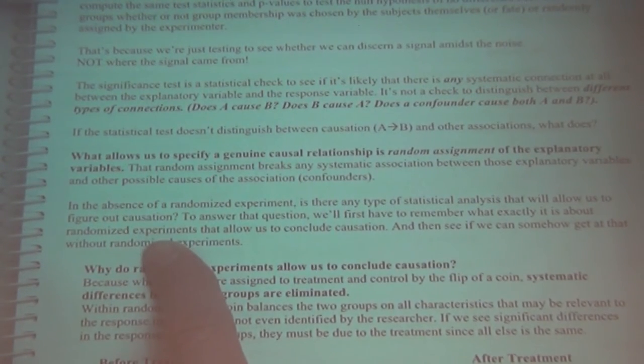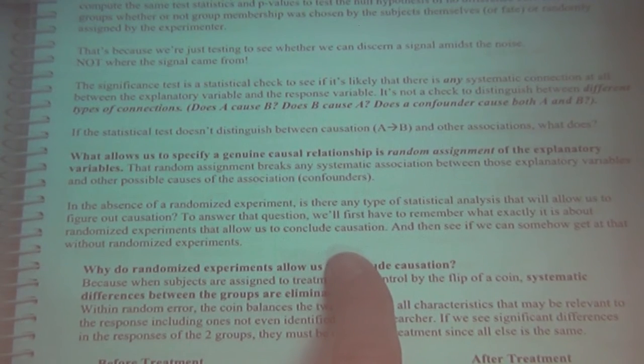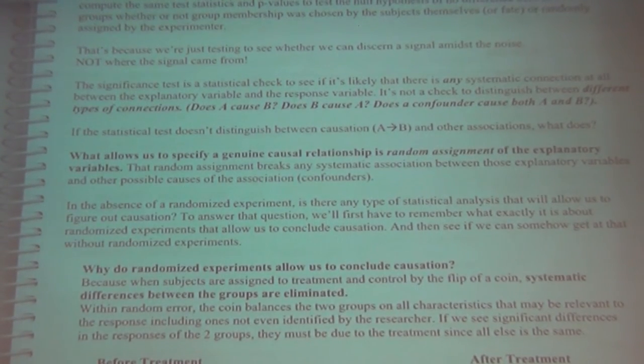That's a huge reason to want to know whether there's a causal connection, because if there's not, there's no point in changing something. So to answer that question, we first have to remember what it is about randomized experiments that allows us to conclude causation, and then see if we can somehow get at that another way, since it's sometimes impossible to do a randomized experiment.